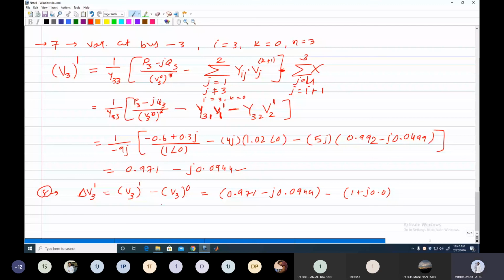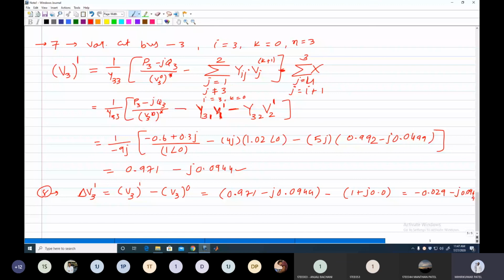So the final answer for this change in voltage is minus 0.029 minus j 0.0944.